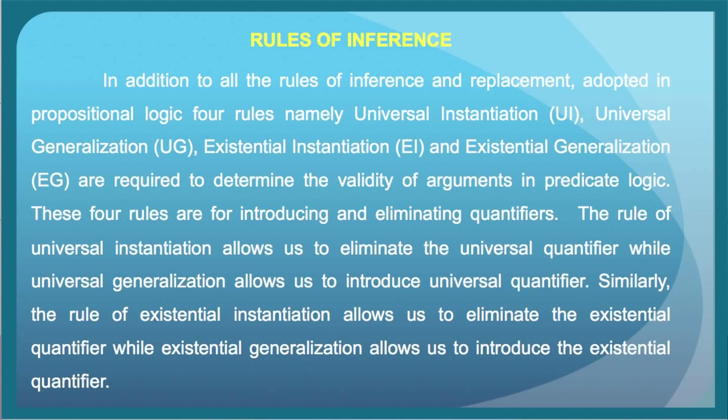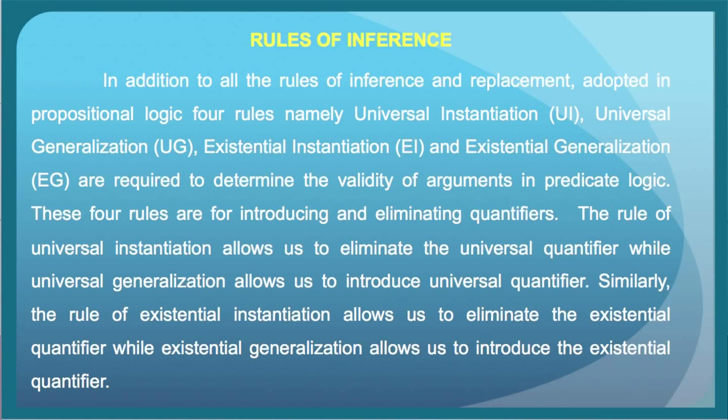Now what are the rules of inference? In addition to all the rules of inference and replacement adopted in propositional logic, four rules, namely universal instantiation, universal generalization, existential instantiation and existential generalization, are required to determine the validity of arguments in predicate logic. These four rules are for introducing and eliminating quantifiers.